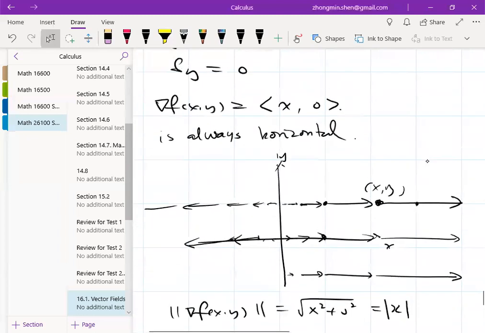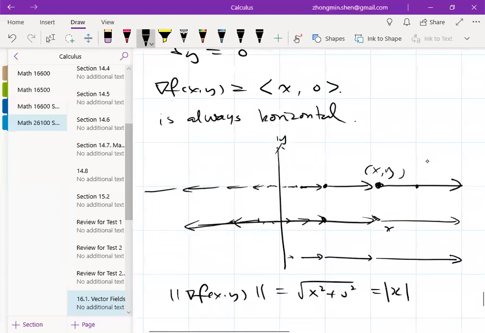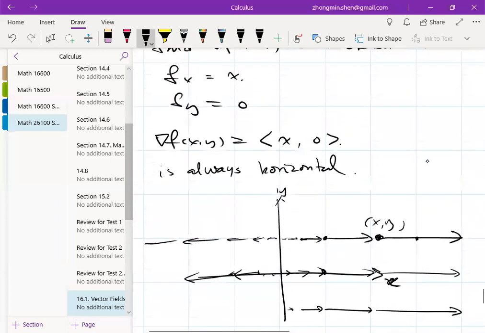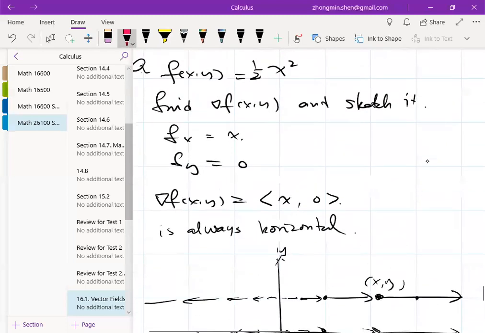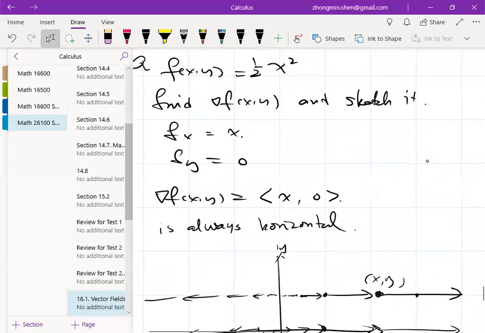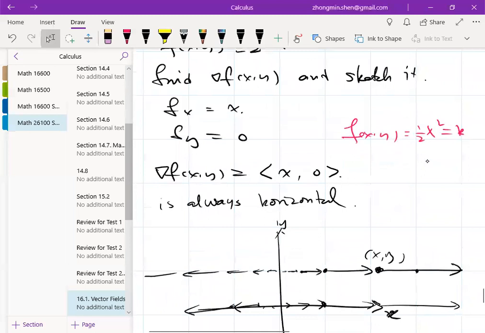Okay. Now, this is the x-axis, y-axis. How do the level curves look? The level curve is going to be f of x, y equals k, right? Half of x squared equals k. So the level curves are just vertical lines.